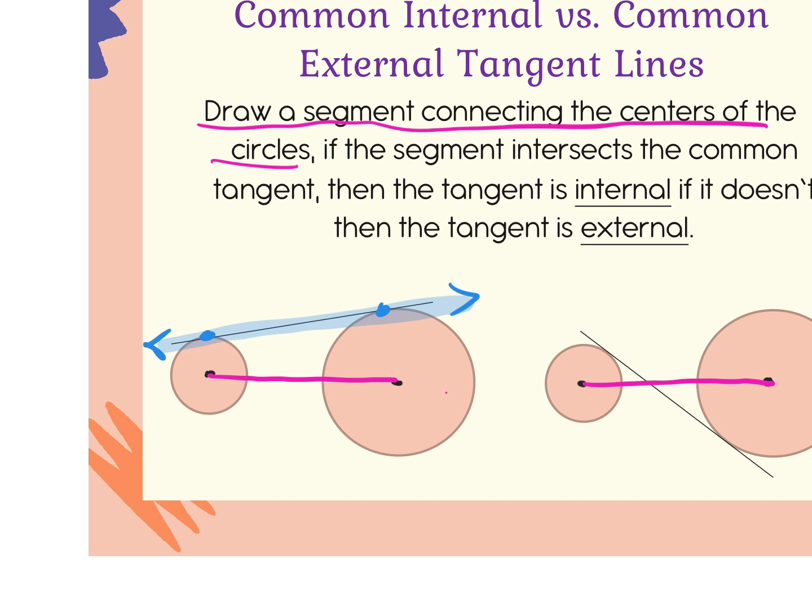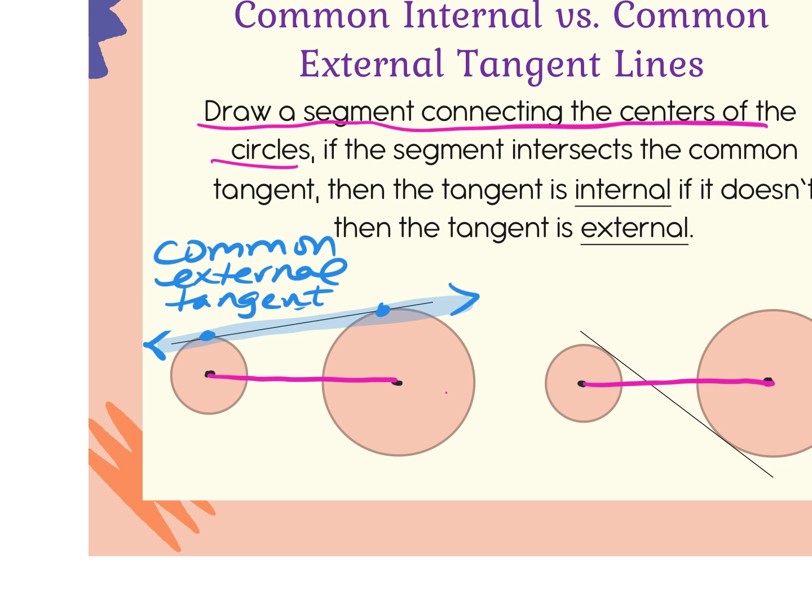But because that tangent line does not intersect the pink line, this is considered a common tangent, but more specifically, a common internal tangent line. I'm sorry, external. Sorry, it's not inside, it's external. Common external tangent.